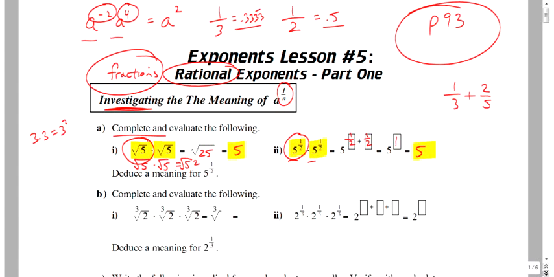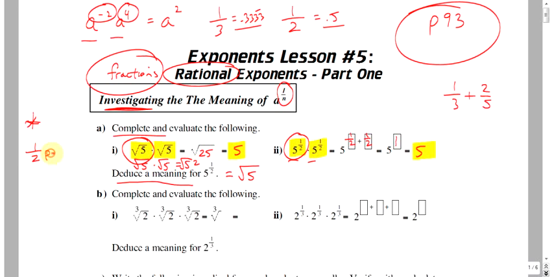Do we think they're maybe the same? Deduce a meaning for 5 to the 1/2 power. Yeah. Okay. This is something, guys, you're going to want to stick in your noodle. All right? So stick this in your noodle.